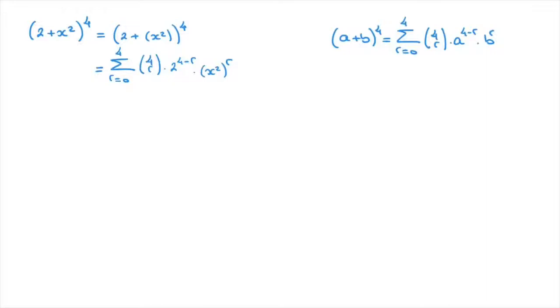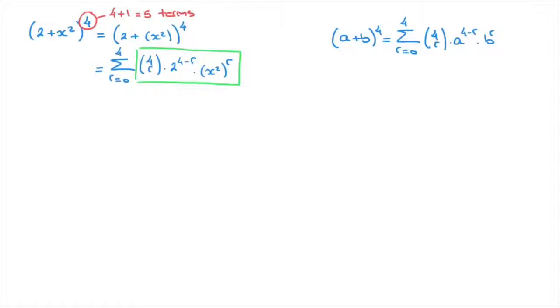And to do that, we need to use the expression that I'm currently boxing in green, just to the right-hand side of the summation symbol. Now, since this binomial is raised to the power of 4, it will have 4 plus 1, which of course equals 5 terms in the expansion.